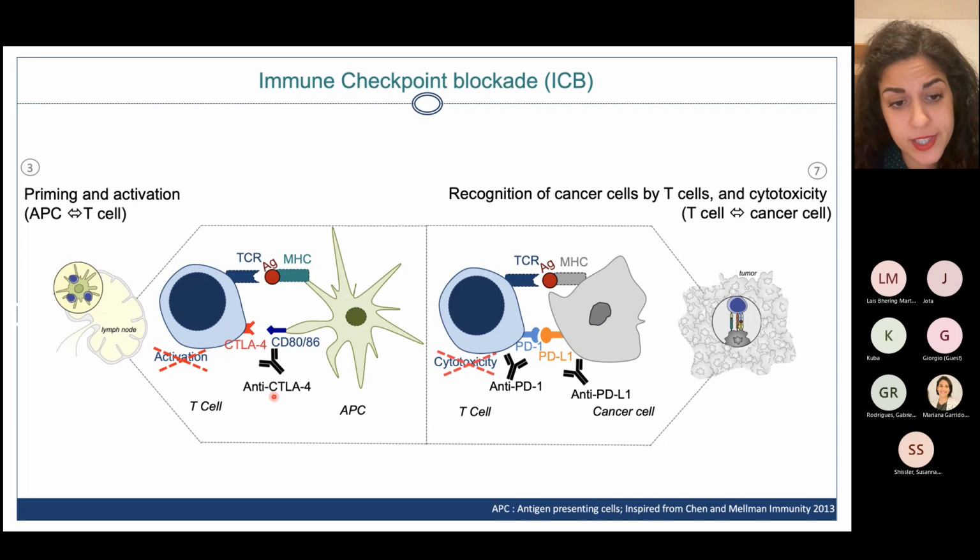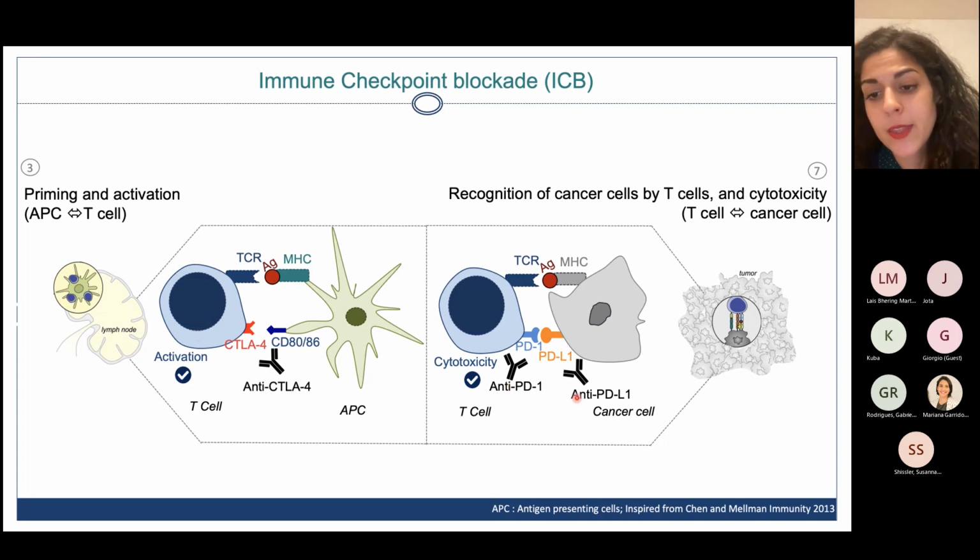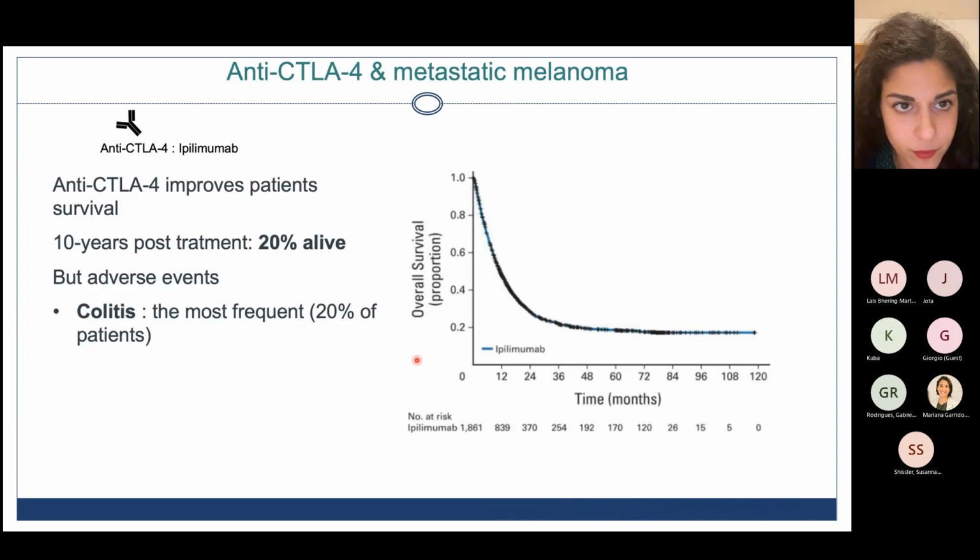So with anti-CTLA-4, you will block CTLA-4, and then you will have a continuation of the activation of the T cells. While with anti-PD-1 and anti-PD-L1 immune checkpoint blockade, you will target this relationship in order to maintain the cytotoxicity of the T cells.